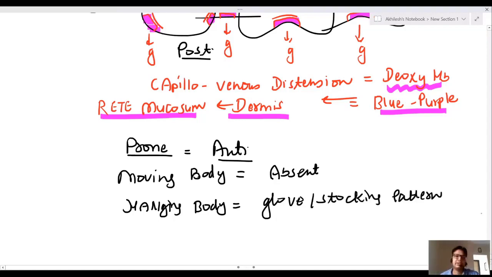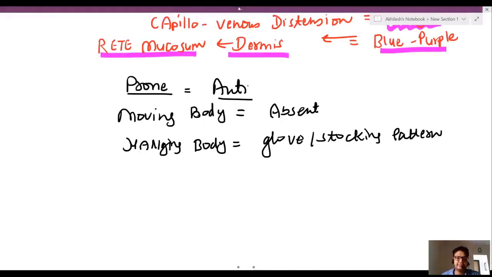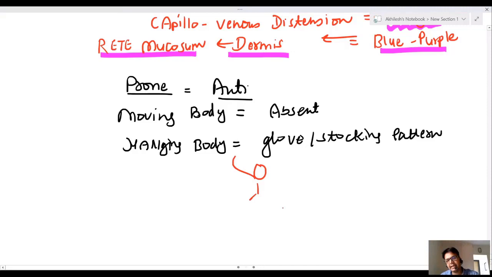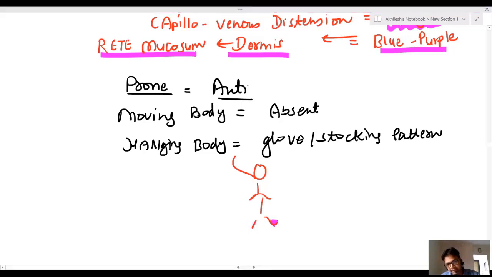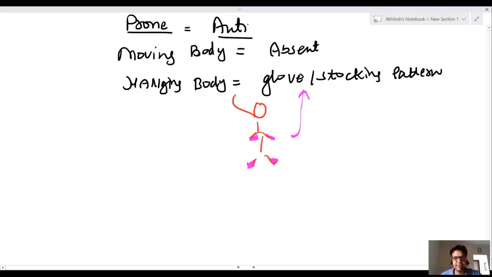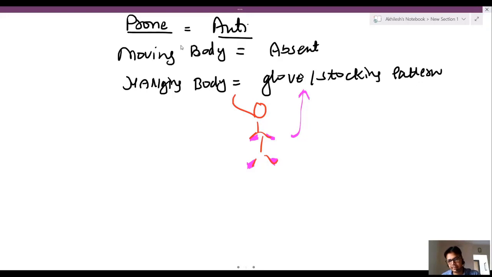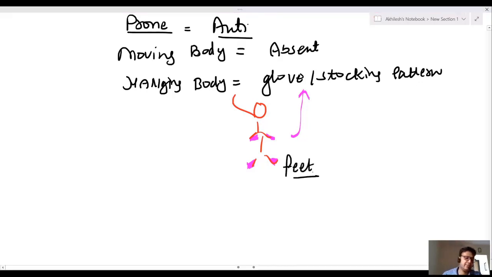See, if this body is hanging, these are the parts which are not touching the ground and facing towards the ground. These are leg and hand. Blood accumulates in this area. This is known as glove and stocking pattern. Maximum postmortem staining is seen on feet.